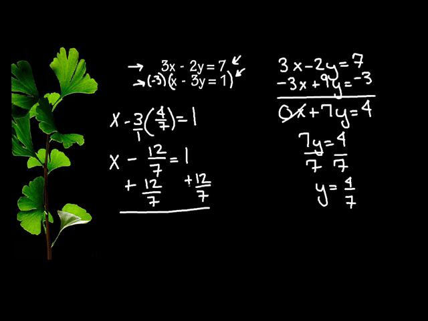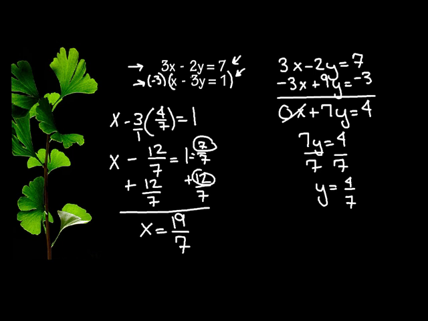Now 1, I want a common denominator of 7. So 1 is the same thing as 7/7. So 7 plus 12 is 19. So I'm going to get x equals 19/7. So I have two fractions here. But we can have those as answers.